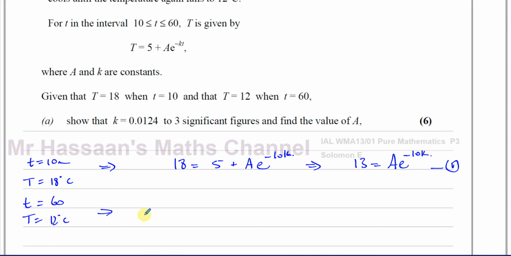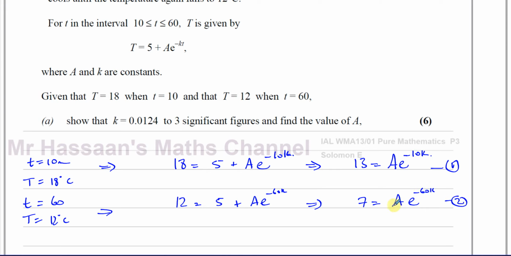So we can set up another equation: 12 equals 5 plus A times e to the power of minus 60k, which gives us 12 minus 5, which is 7, equals A e to the power of minus 60k. We call that equation 2.